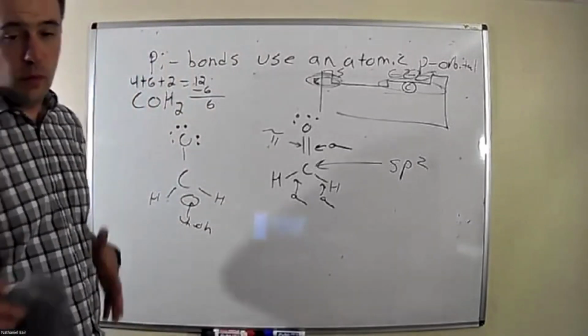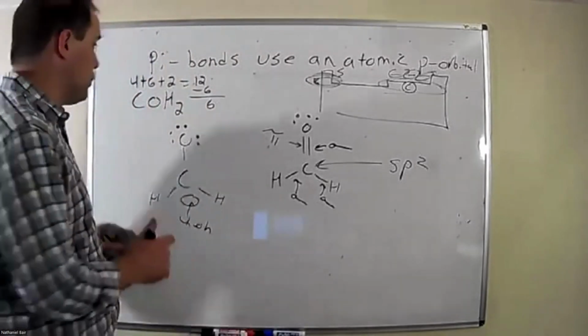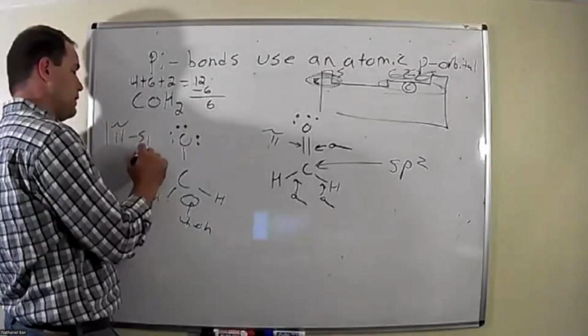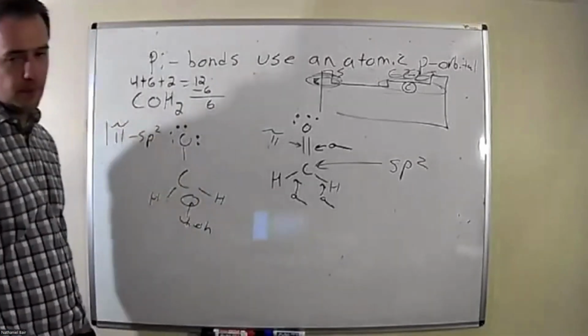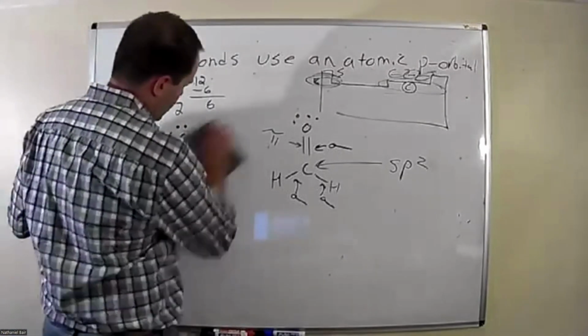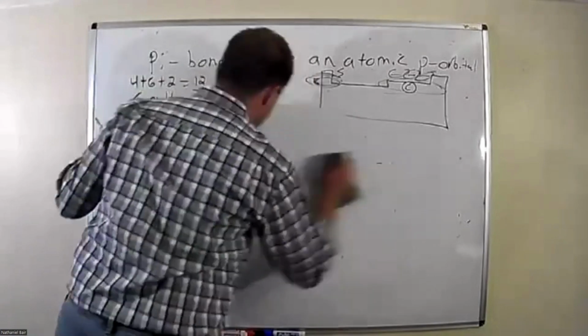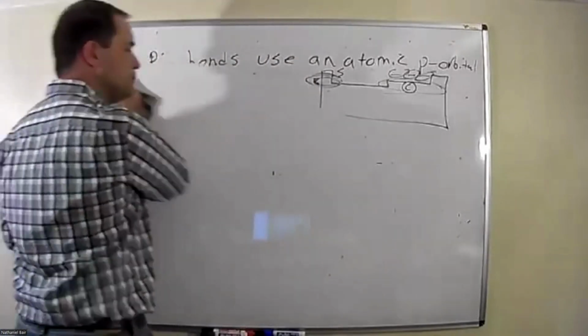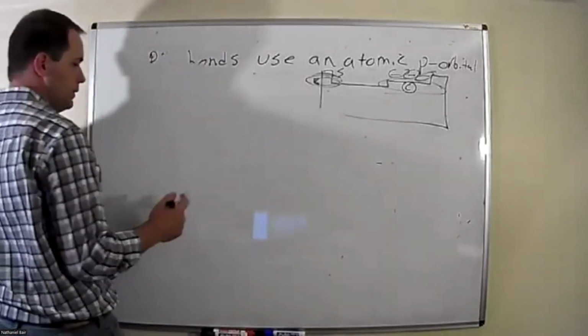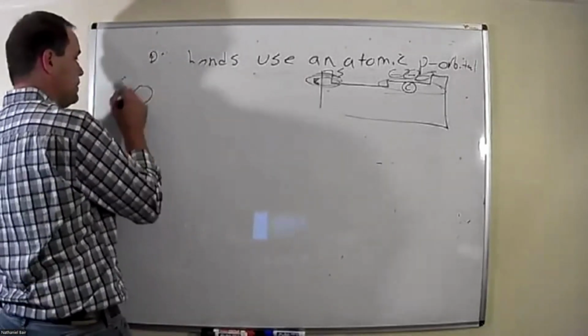So this is for one pi bond. If you have one pi bond, you are sp2 hybridized. But what if you're making two pi bonds? Something like, well, we just did CO2.